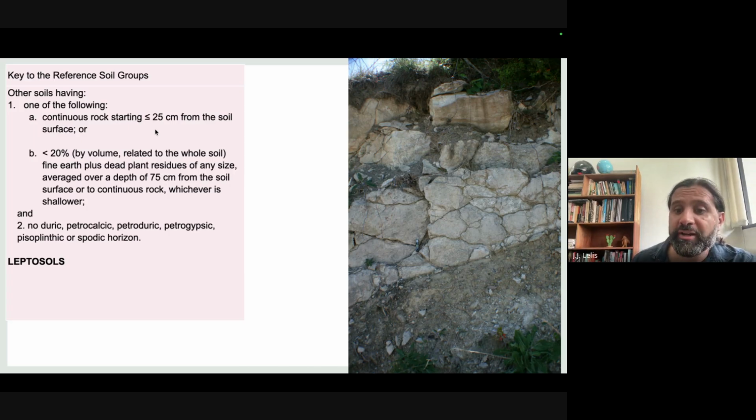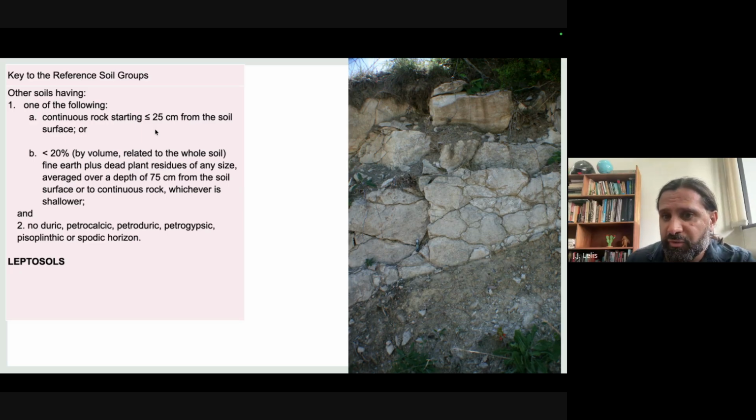We're talking about fresh rock, the R layer. The R layer should be quite close to the surface, up to 25 centimeters below the soil surface, or I should register a huge amount of coarse materials, less than 20% by volume of fine earth, plus plant residues of any size, averaged over a depth of 75 centimeters below the soil surface, or until you find the rock, the R layer, whichever is shallower.